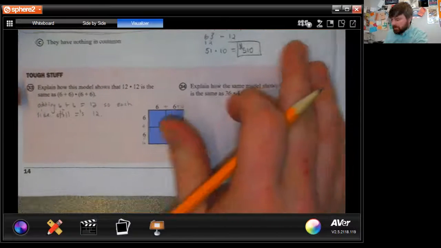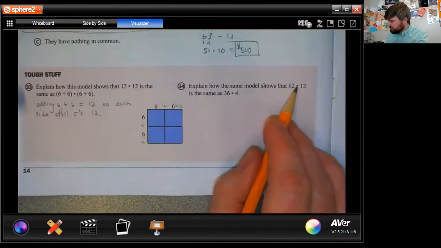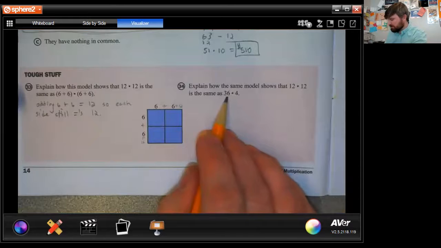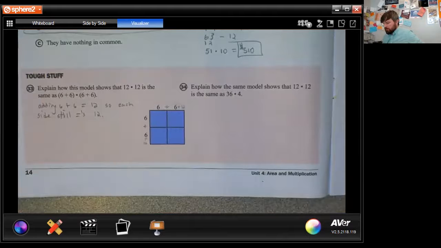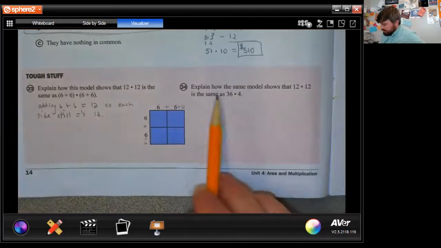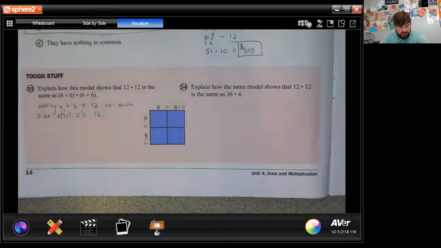Okay, explain how the same model shows that 12 times 12 is the same as 36 times 4. Okay, so what they did here with 12 times 12 is the same as 36 times 4 is they readjusted the model.